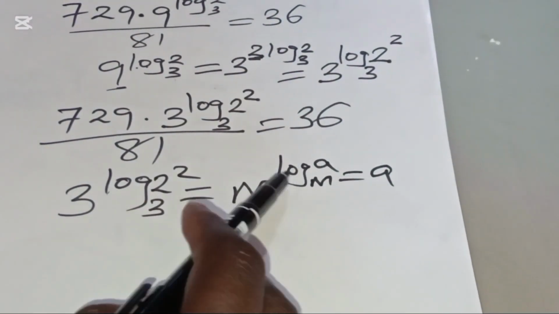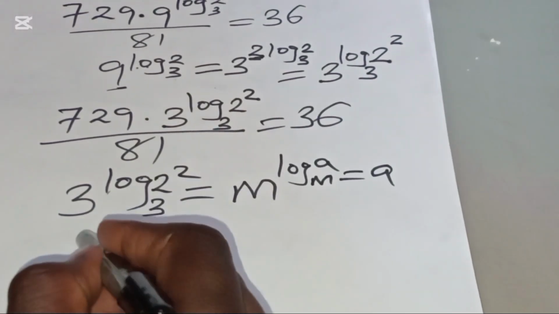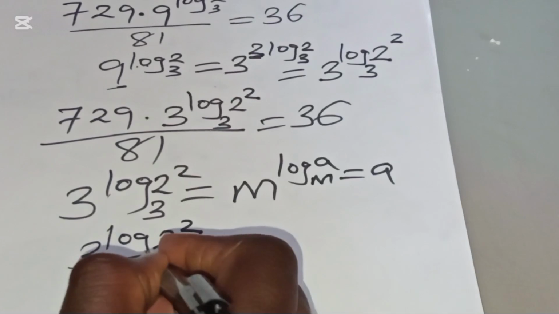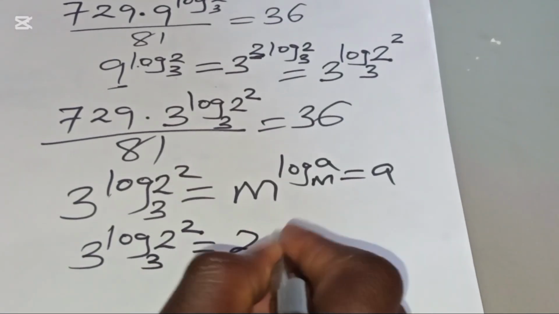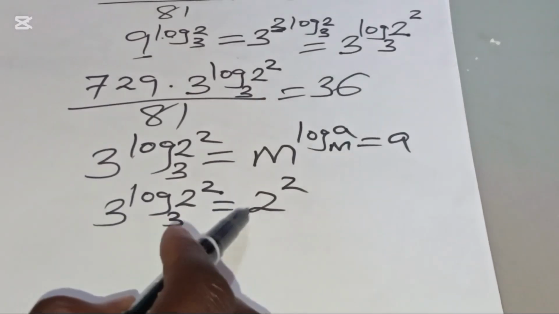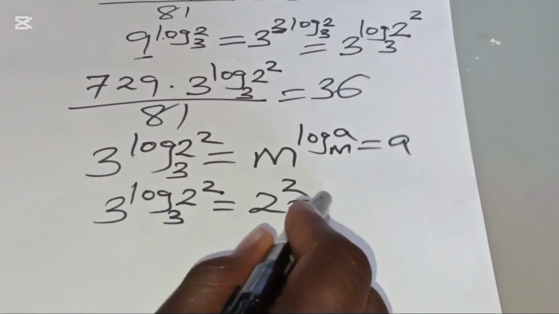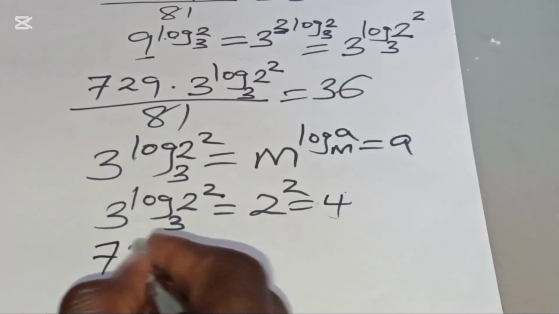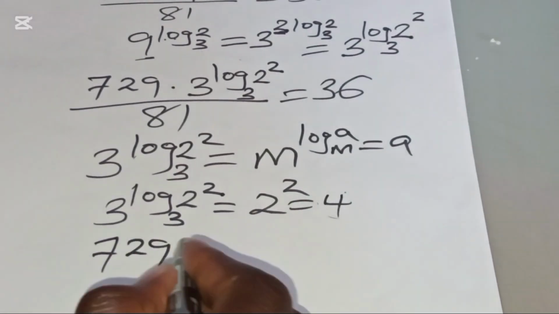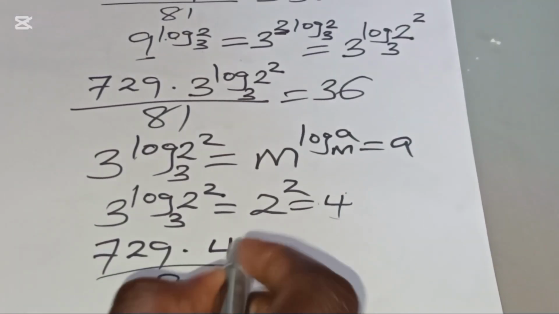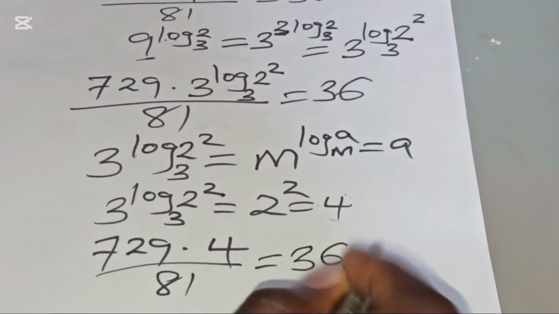So applying this logarithm identity, 3 to power log 2 squared to base 3 is supposed to give us 2 squared. Okay? So substituting this 2 squared, which is essentially equal to 4, back into the equation, we'll have 729 multiplied by 4 divided by 81. This is supposed to give us a value of 36.